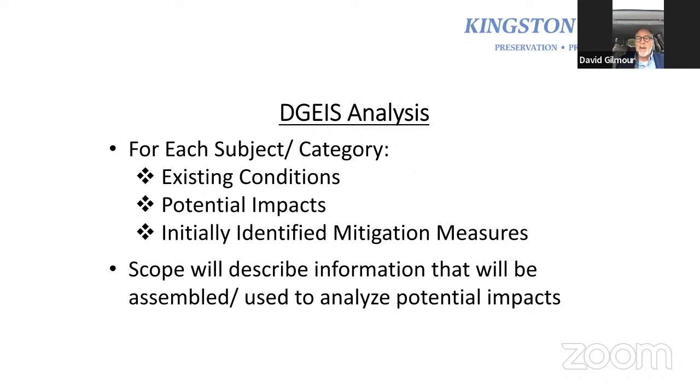So the scope describes information that will be assembled and used to analyze potential impacts, and we'll use those dimensions of existing condition, potential impacts, and identified mitigation measures. As I mentioned, we've provided for a lot of input gathering to understand the subjects and possible issues of concern to the community so that we can group and categorize those and assemble those possible concerns within the draft scoping document.